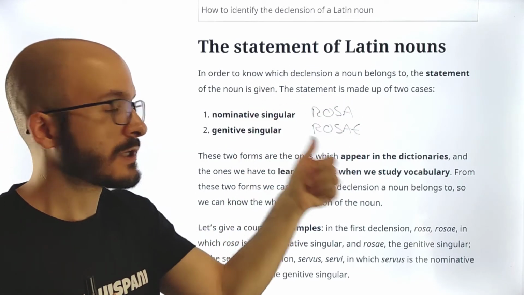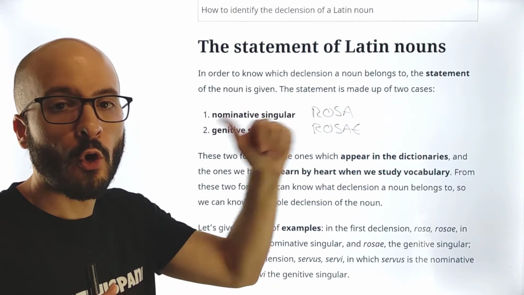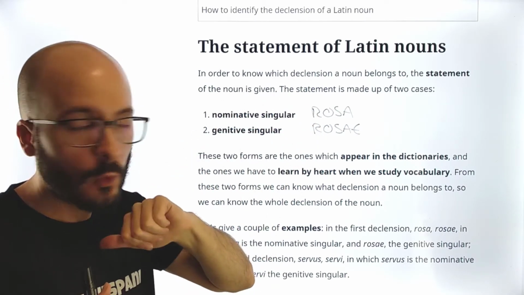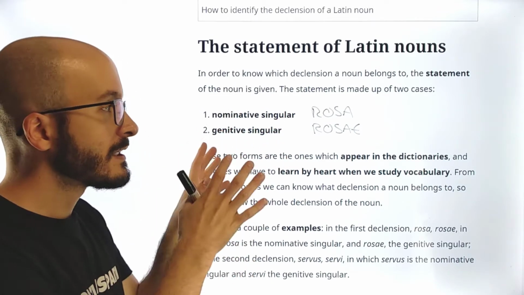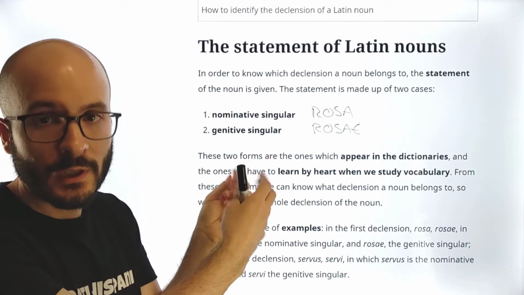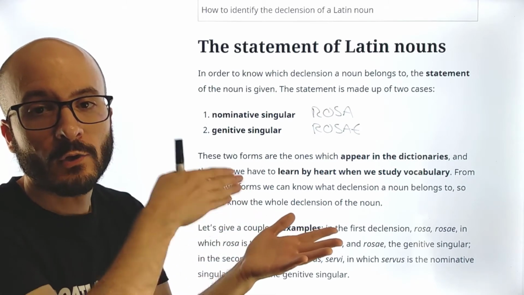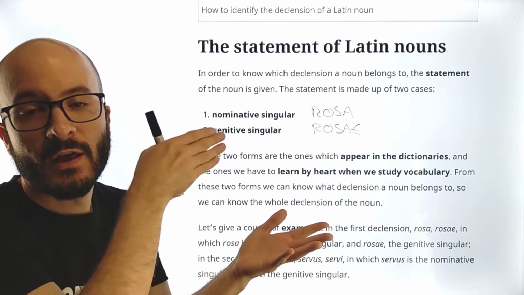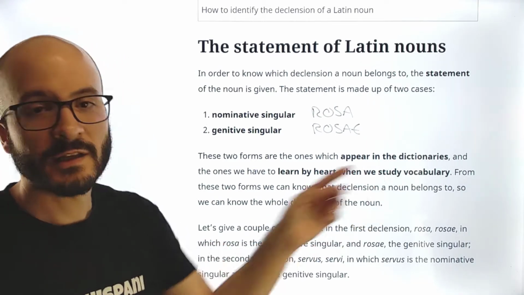We say rosa, rosae, we say, for example, dominus, domini, we say homo, hominis, etc. We always say the nominative singular and the genitive singular. And this is first what we say when we mention a noun and what we will find in the dictionary when we look up words.